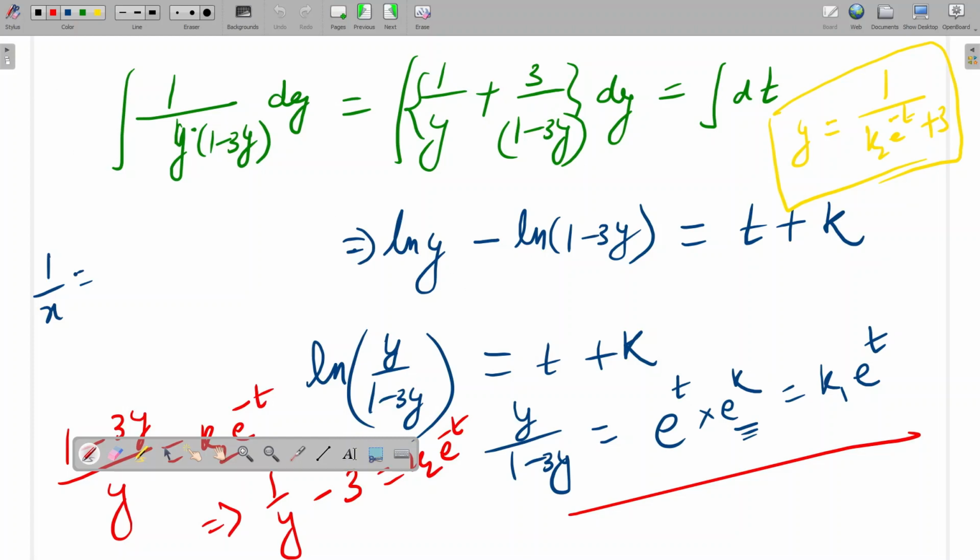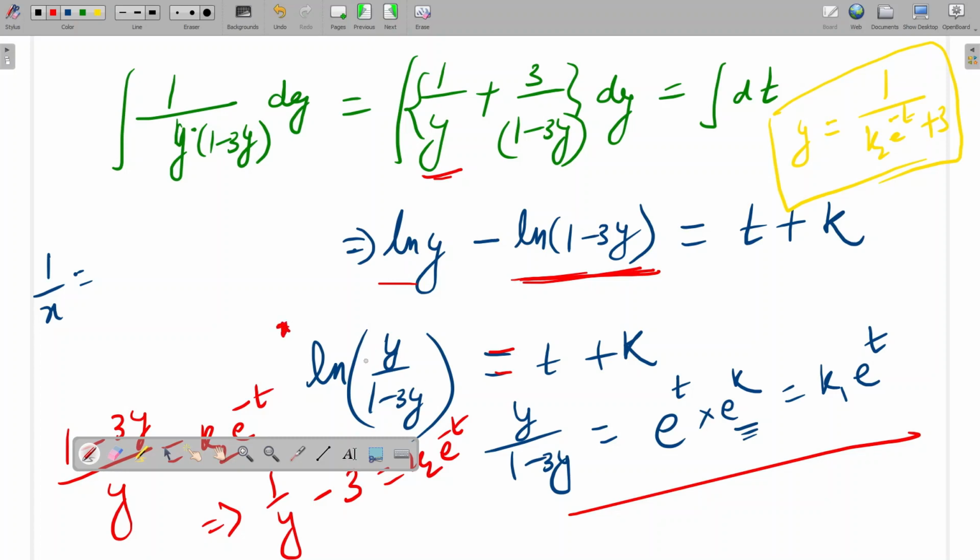So here this first term, ln, will be there. Is that correct? Yes, sir. The second one, should I explain? Yeah, that integration I got it. Okay. So ln a minus ln b will be ln a by b, equal to t plus k, this first term.